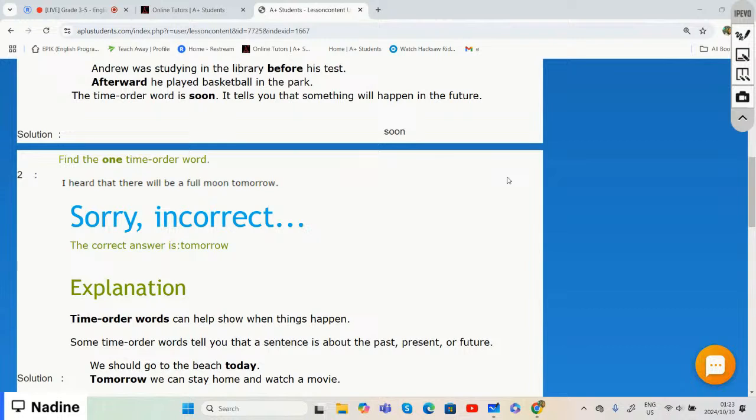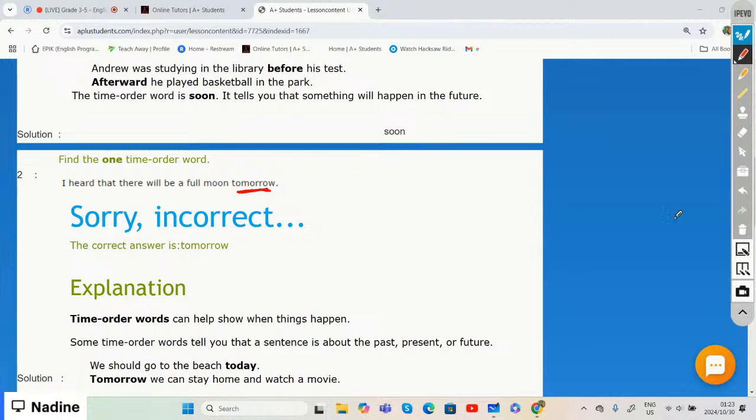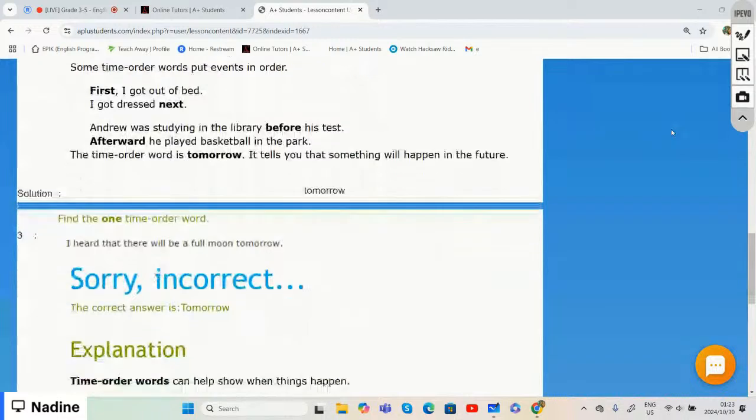All right, and if we were to select the correct option, then yes, tomorrow, because when will there be a full moon? Tomorrow. Well done. Tomorrow is correct. Let's look at the last one, then we're going to our test.